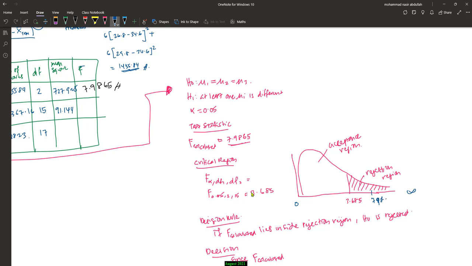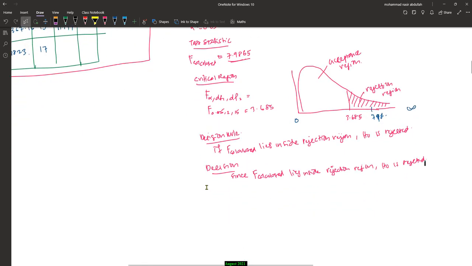So since F calculated lies inside the rejection region, the null hypothesis is rejected.